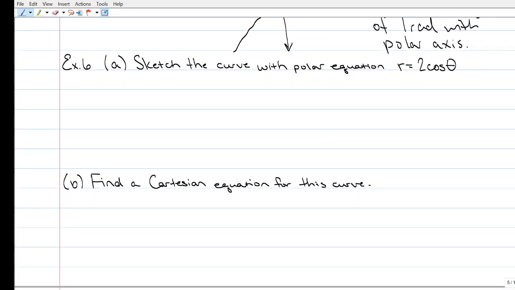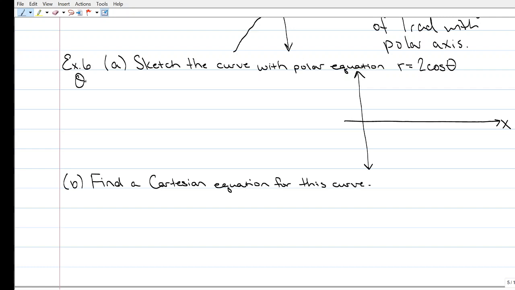Let's try something a little harder. Example 6, part A. Sketch the curve with polar equation r equals 2 cosine theta. If we want to sketch this curve, well, let's start this one by plotting points.